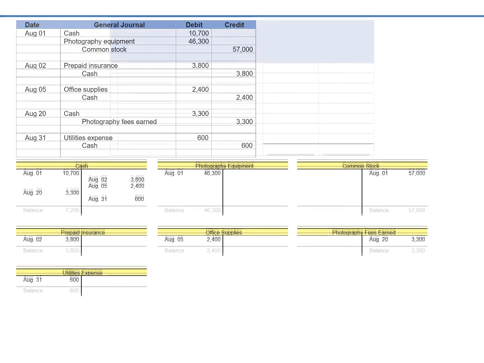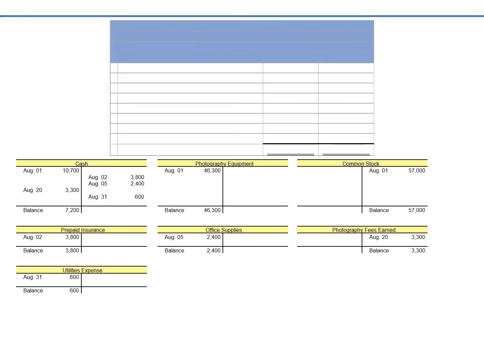All right, so after we have posted all of our transactions to our T accounts, then we sum all of our asset account debits less all of the credits. So we have a balance in cash of $7,200. Same thing for photography equipment.